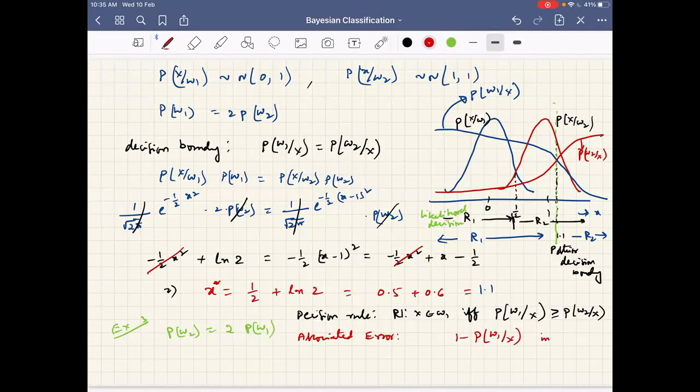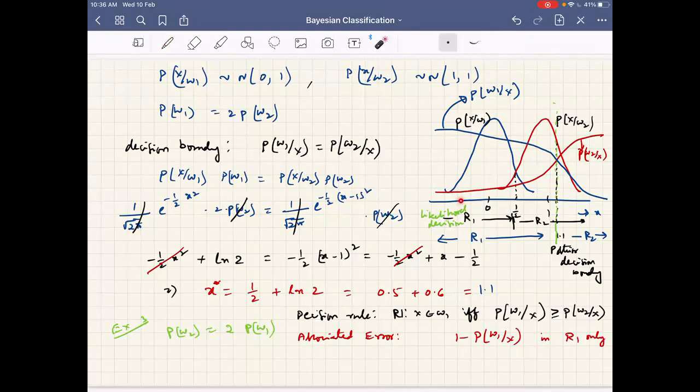Wherever you are classifying omega 1, the R1 region. In R1 only. But in R1, is this P of omega 1 given X the same for all X? Is it different at different X?